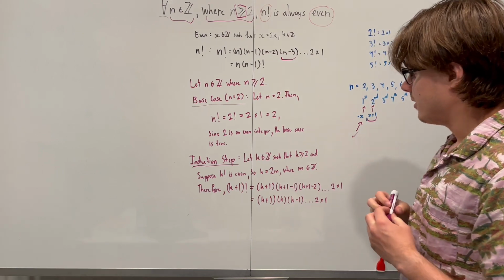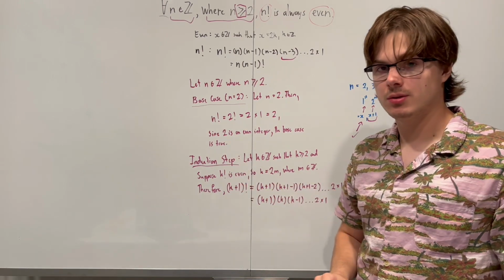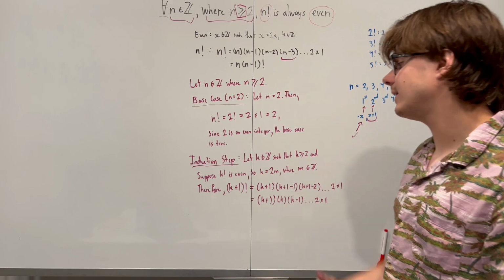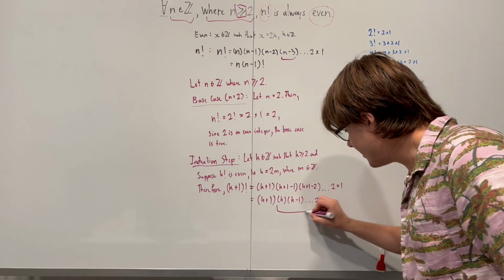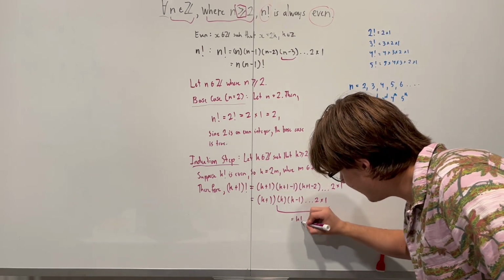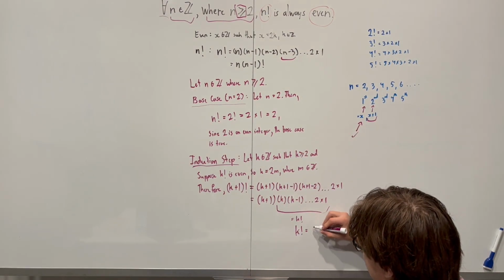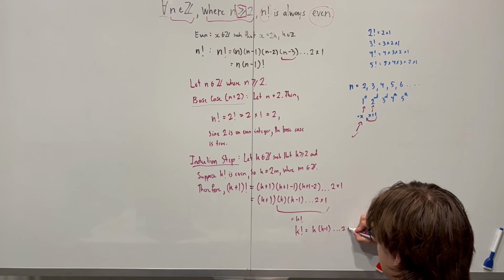Something important for the induction step is what you supposed earlier. You're going to want to find it again. And what do we notice here? We notice that this is exactly equal to k factorial, right? K factorial is k times k minus 1, dot, dot, dot, 2 times 1.